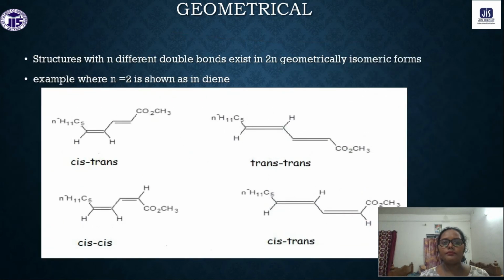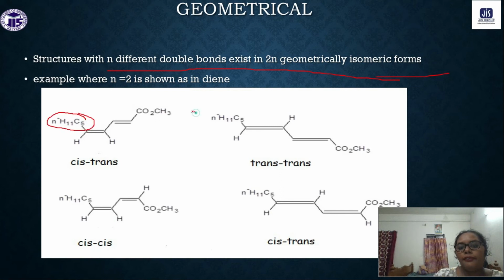Okay, so you can see here the structure with n different double bonds exists in two geometrical isomeric forms. Now look here, this is the first double bond, this is the second double bond. With respect to the first double bond, you can see the heavier groups are on the same side, so this is cis isomerism.